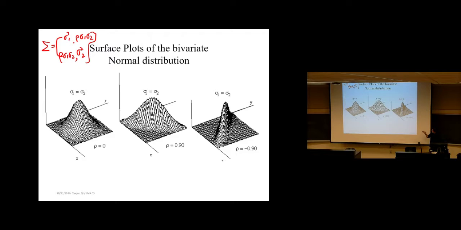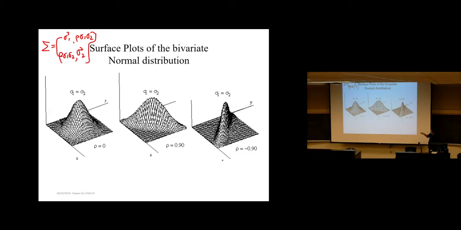When correlation equals 0, the covariance also equals 0, right? Which means there's no linear relationship between x1 and x2.